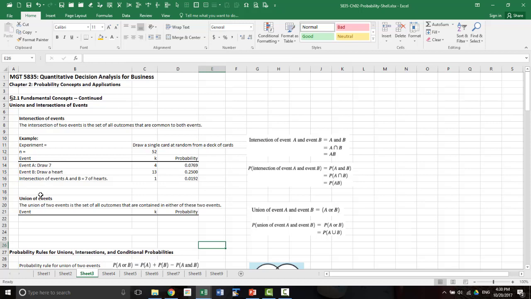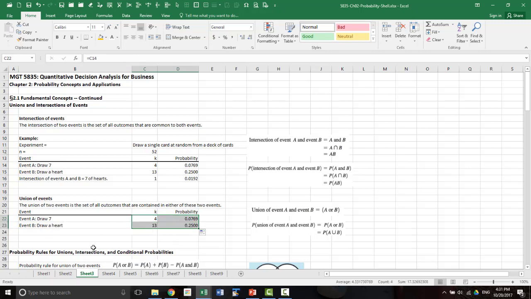Event A is draw a 7, and the probability is the same as there. I'm going to just use the value from the previous example, so you don't have to set everything up one more time. Event B is again draw a heart, and that probability is that.